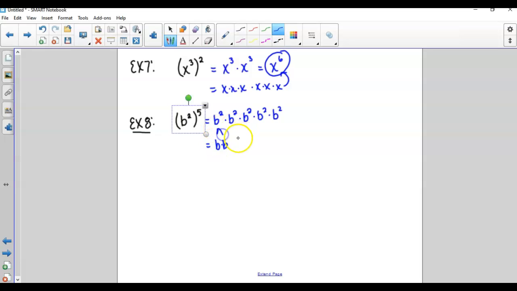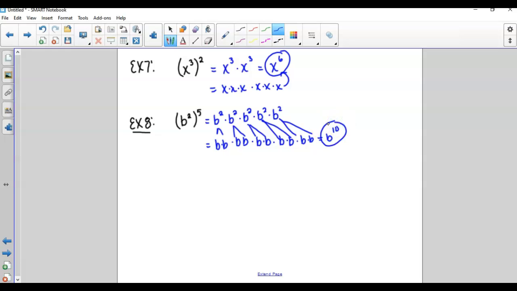So you got this one. Then you'd have another b times b right here. We have b times b right here. You have b times b right here, and then finally b times b right here. So that's 1, 2, 3, 4, 5, 6, 7, 8, 9, 10 b's. So b to the 10th power would be our answer.